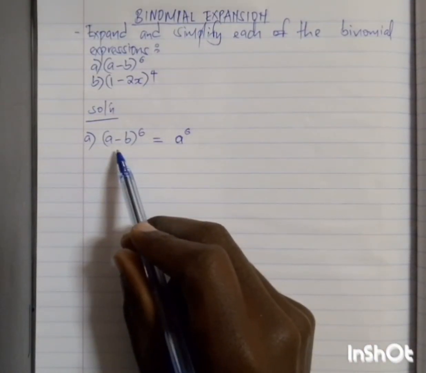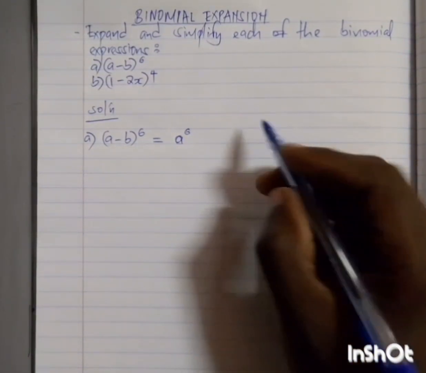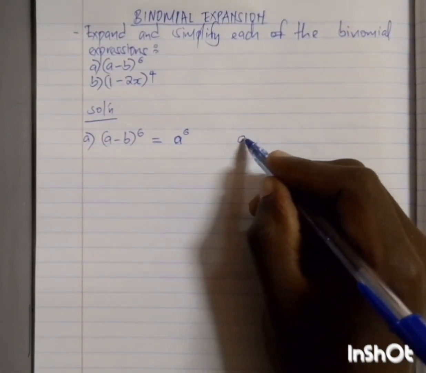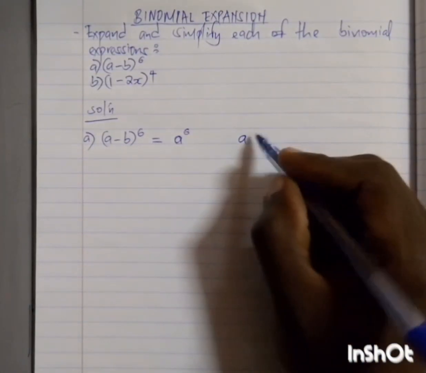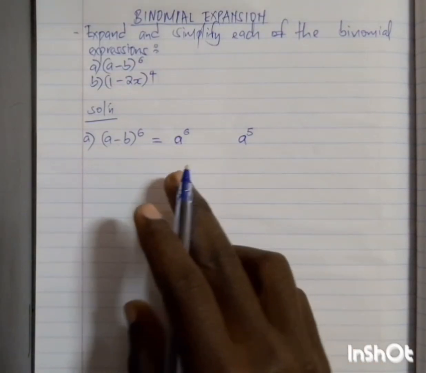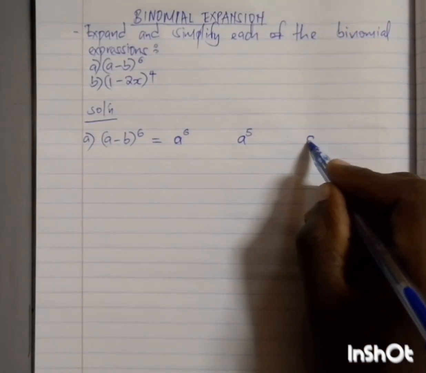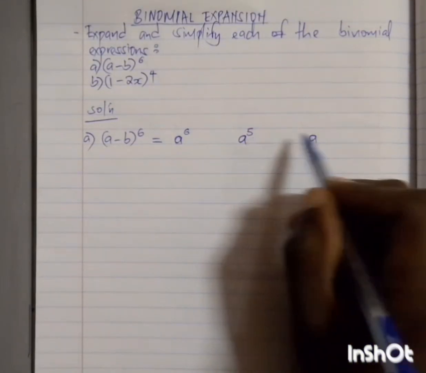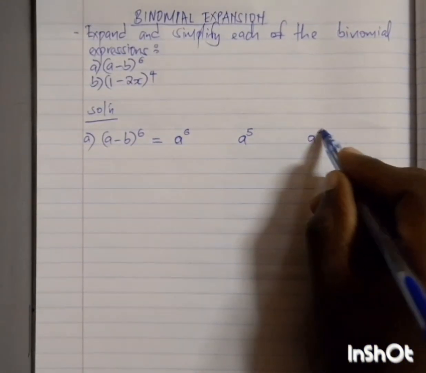And then we leave a gap, write the first term again, and the power 6 minus 1 remains 5. So it's supposed to be decreasing. You're going to write the third, and then the power 5 minus 1 is 4.